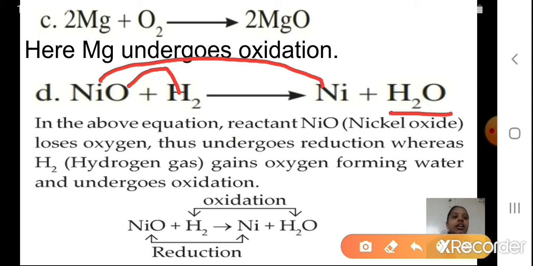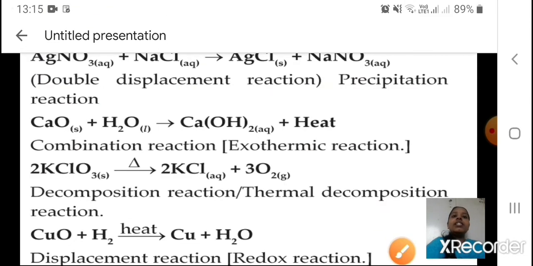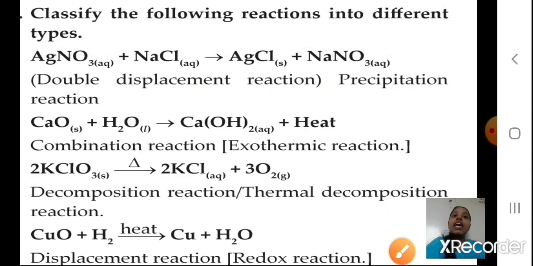Okay students, now next we are going to study: classify the following reactions into different types. I can give you a reaction and some options, and you have to click the correct option for which type of reaction it is. Now see here, I have taken AgNO3 aqueous plus NaCl gives AgCl plus NaNO3.